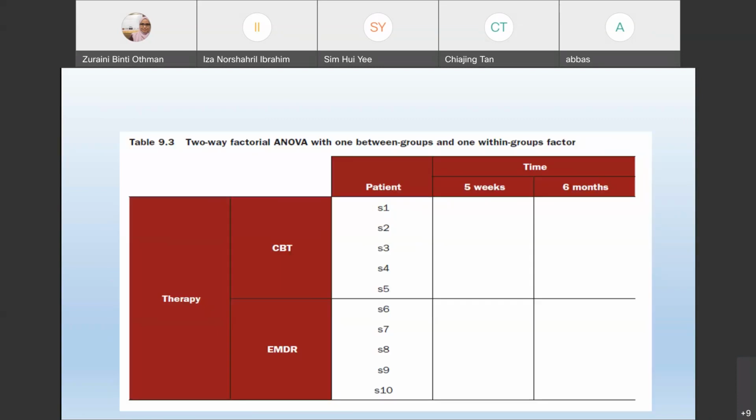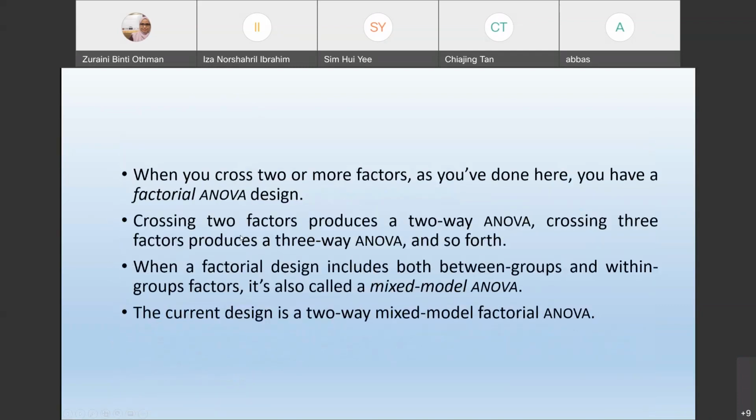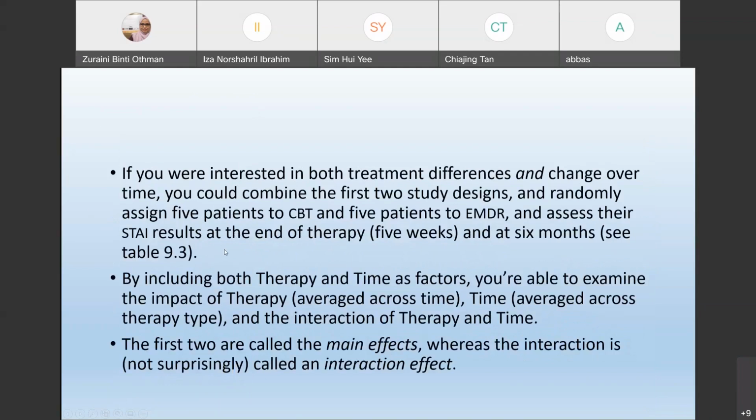We want to look at the impact of CBT and EMDR for these two groups over time, after 5 weeks and after 6 months. This is what this sentence means.